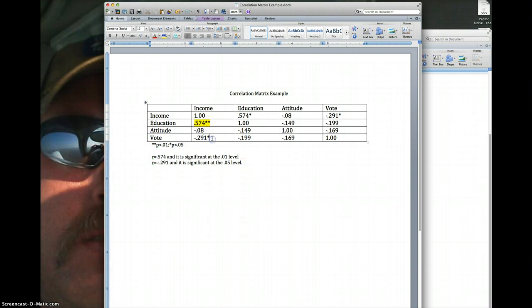Now, those are the only two significant correlations in this study. This is not significant. This is not significant.